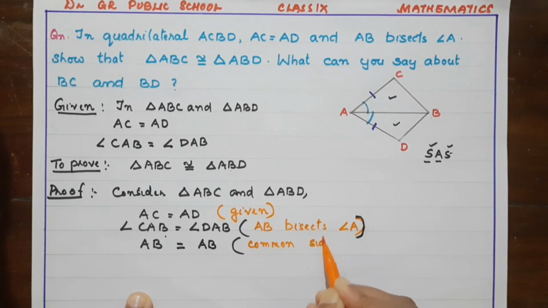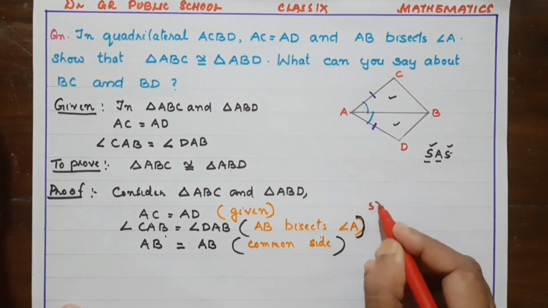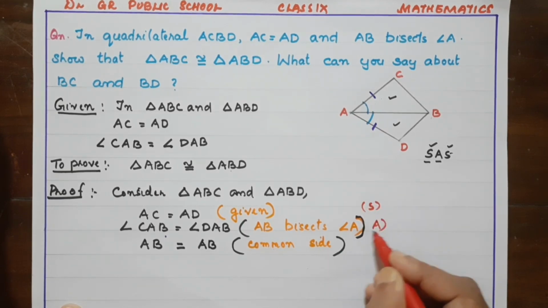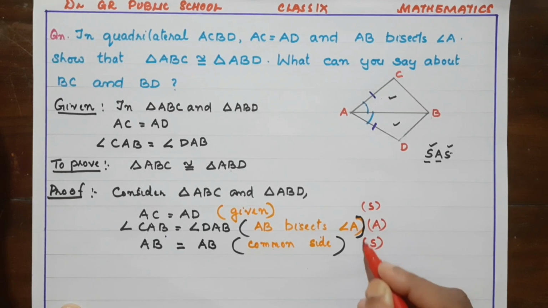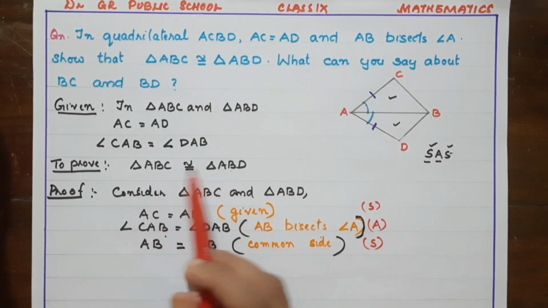Common side. Okay, children. So what we got? One side, angle, and another side. Okay. So by using SAS congruence rule, we can say the two triangles are congruent.